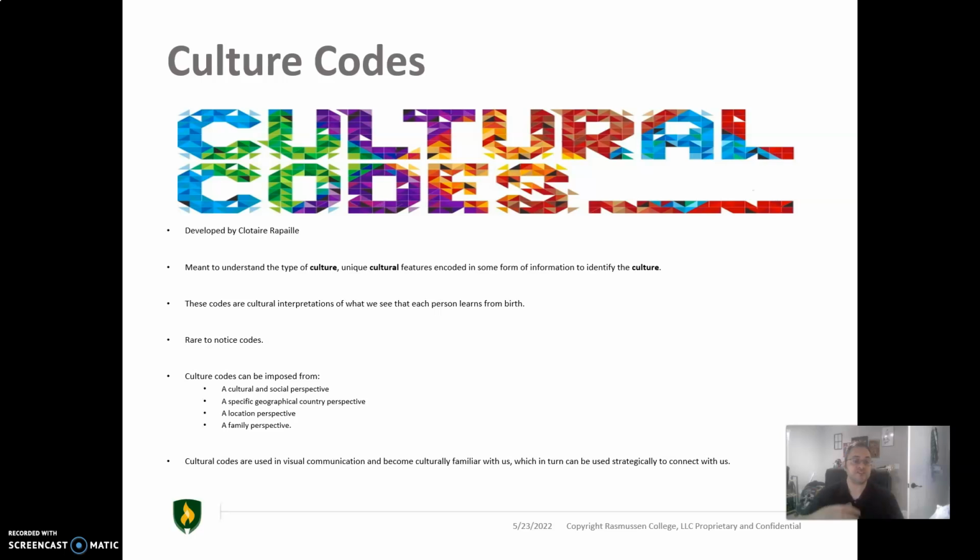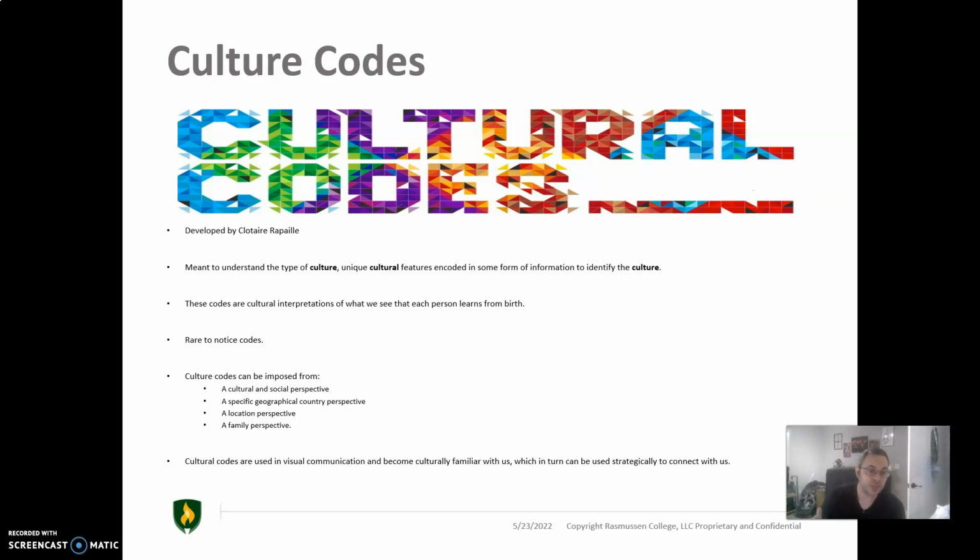And that's really important because a lot of times it's rare to notice these codes. We tend to learn a lot of these codes within the first 0 to 4 years of your life because you really can't argue with it, but you interpret it like, oh, this is how these people do things, so I'm going to do things that way. And that's technically how that works.